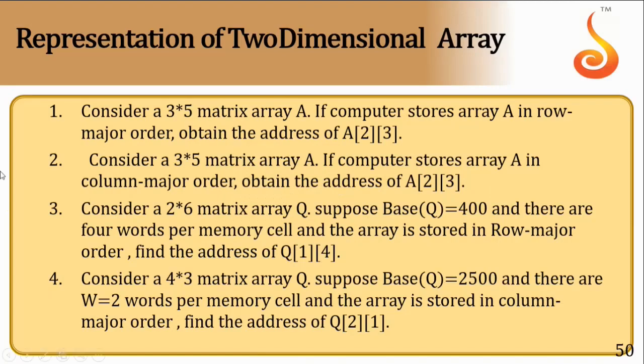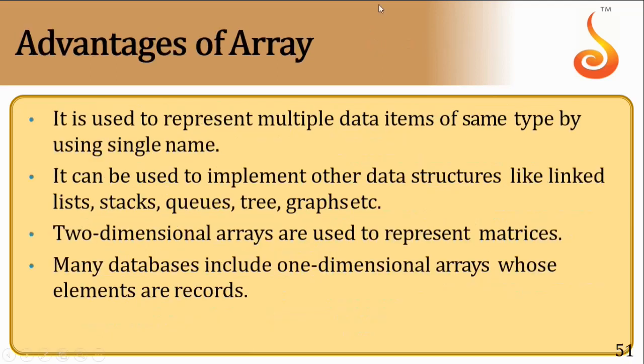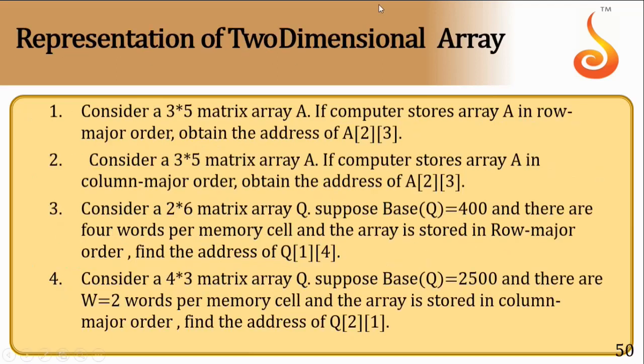The next question is, consider a 3 cross 5 matrix. Please make a note of this. If the computer stores array A in column major order, the previous one was in row major, this one is in column major.